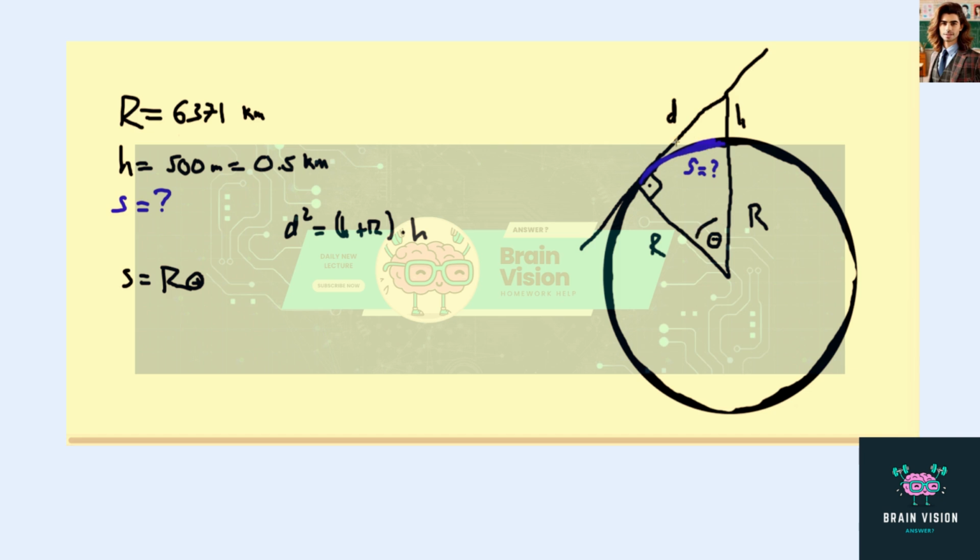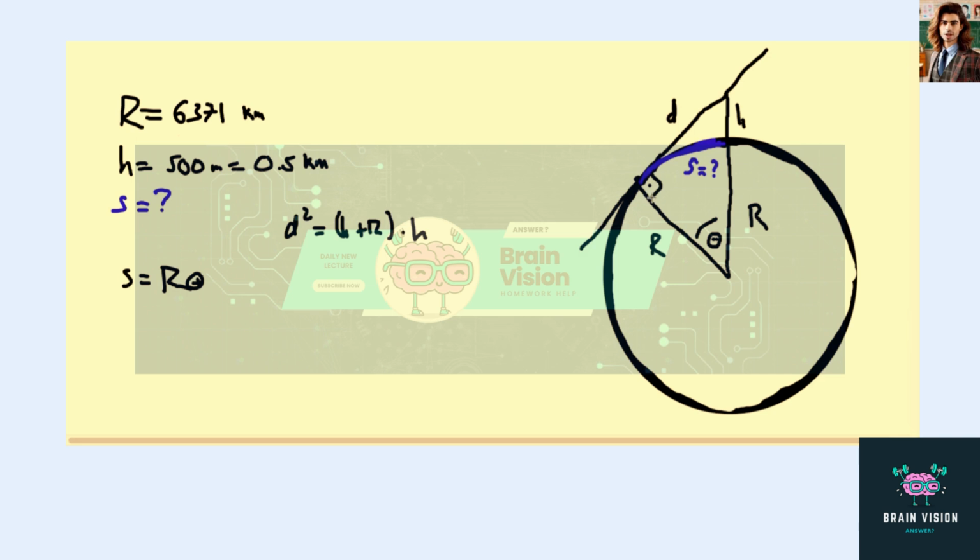Well, because of this tangential nature of the line to the horizon, you know that the triangle of r plus h, r, and d is going to be a right triangle, where you're going to have a right angle at the horizon distance position over here and the radius coming from the center of the circle.